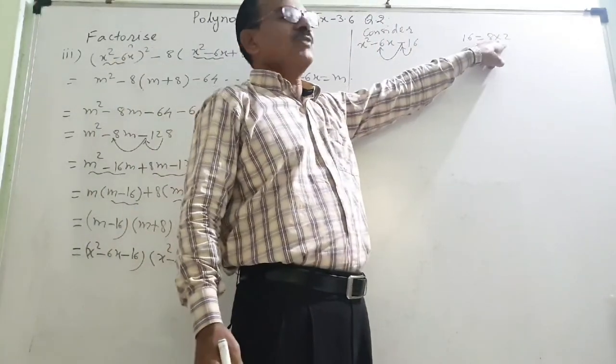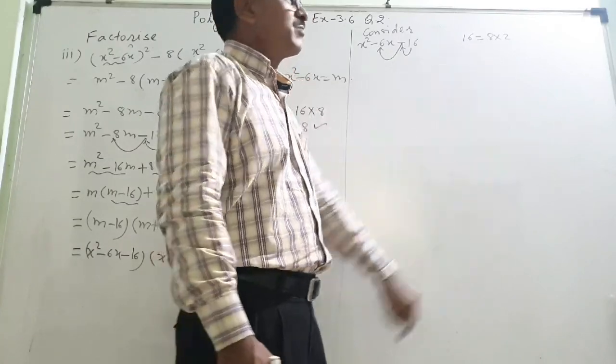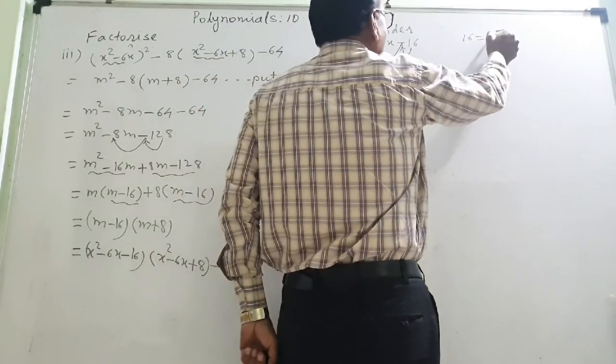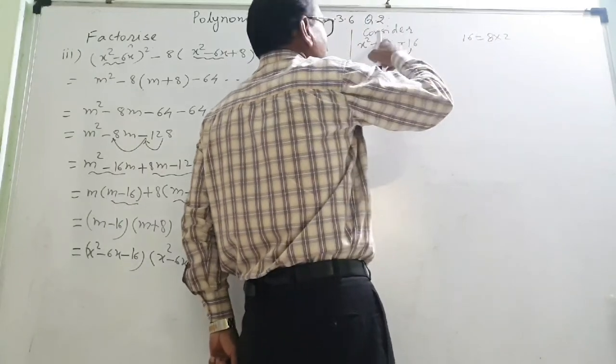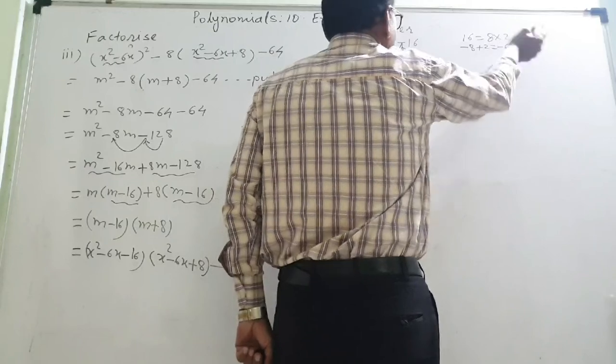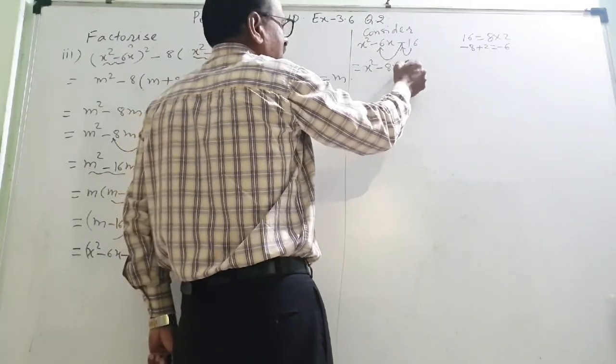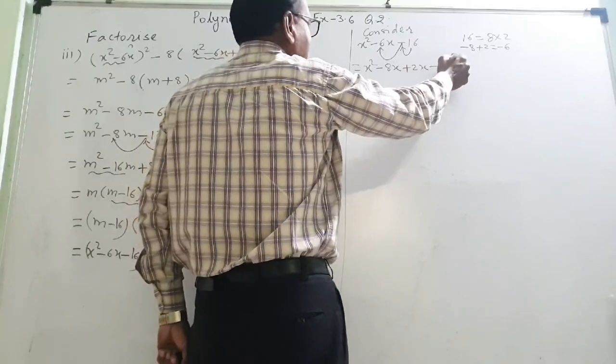Subtraction I want to do of these two. Subtraction means one should have the plus sign, one should have the minus sign. So I will give minus sign to the bigger one. Minus 8 plus 2 is equal to minus 6. That's it. X square minus 8x plus 2x minus 16.